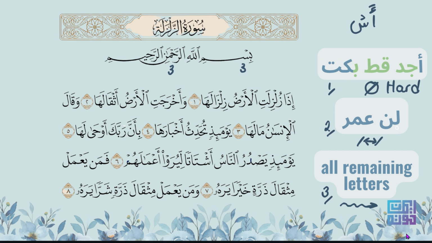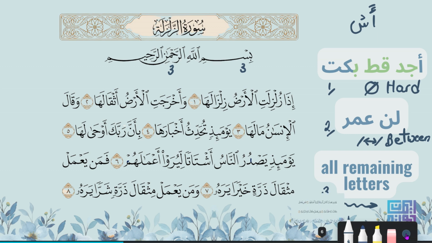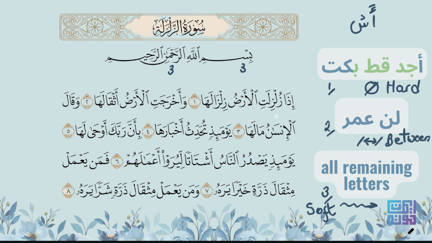And we can see here that it's one of the 5 letters of Bainiyya. I'm just going to write between so that you just remember. Between. And this one has softness. So this one, the lam, belongs to the second group.